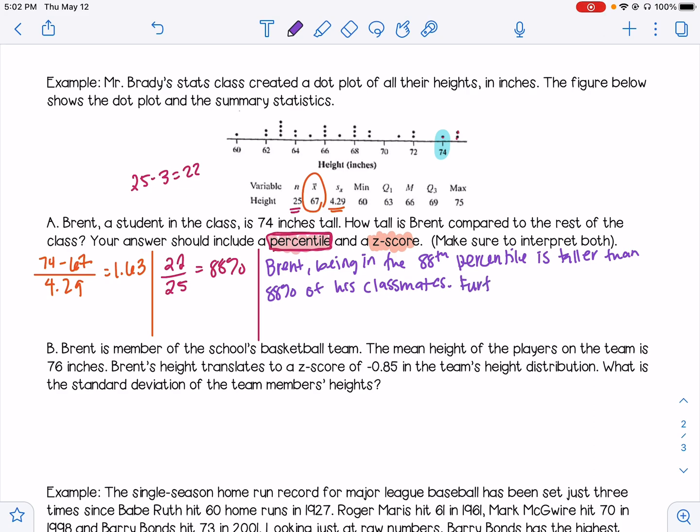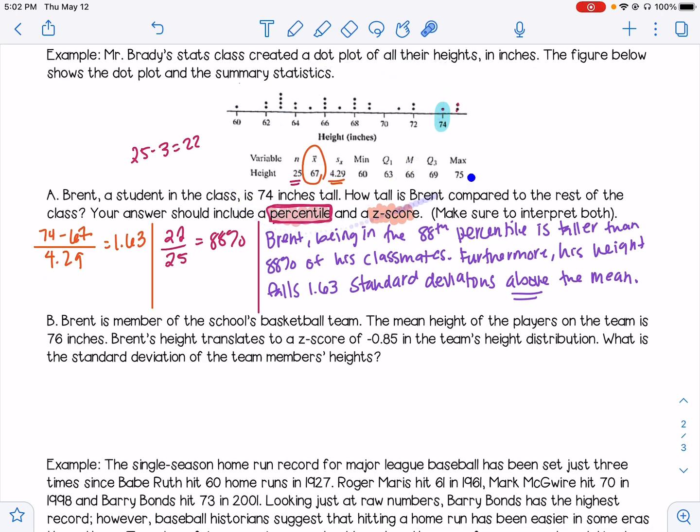Furthermore, his height falls 1.63 standard deviations above the mean. And that is how we can use this to go ahead and compare Brent to his classmates. Notice, even looking here, we can use common sense. Obviously, 74 is greater than 67 to know that he is above the mean, but also, once again, it was a positive z-score, which is what put him on the top.